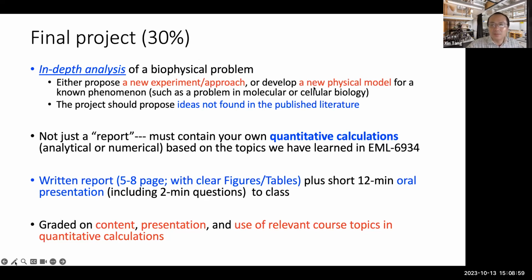The second approach is you can develop a mathematical model, a new physical model, just like what we did in class. We looked at the Brownian motion of particles, and then we explained how to mathematically model it in 1D, right?